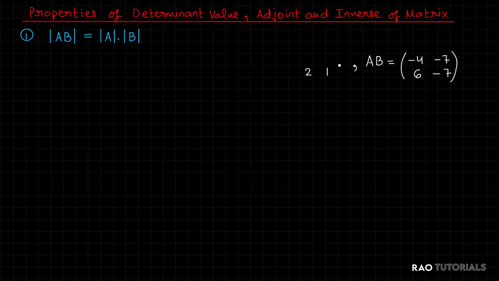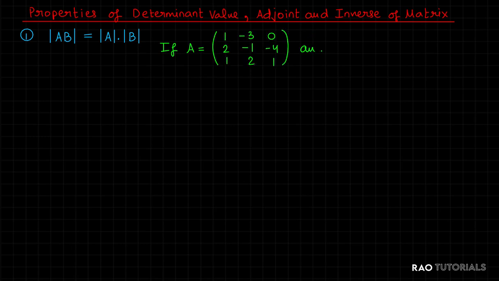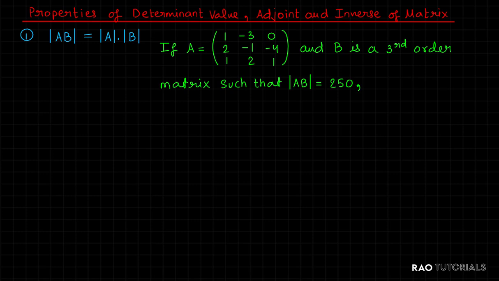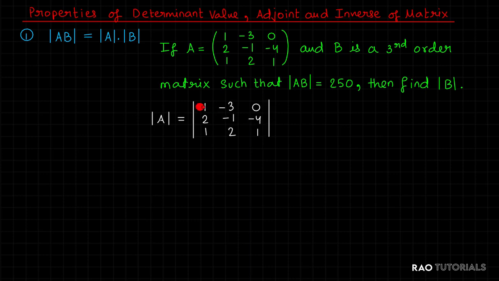Let us solve an example question. We have determinant of A as, expanding along row 1, we get 1 into -1 plus 8, 7, -3 into 2 plus 4, 6, plus 0, which equals 25.